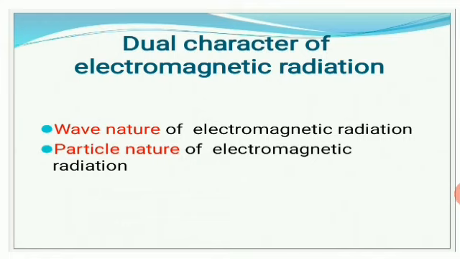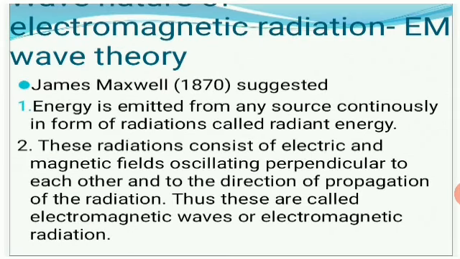So electromagnetic radiations have dual characters, wave nature as well as particle nature. Now if we deal with the electromagnetic wave theory, which explains the phenomena of interference and diffraction, we came to know that radiation, the energy which is coming out from any source, is in the form of wave, and it must have some wave properties.